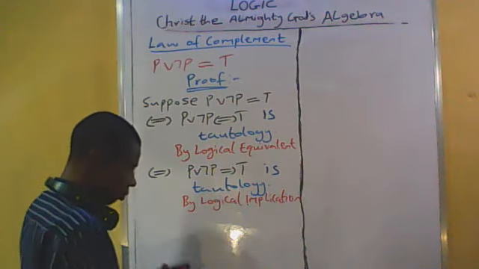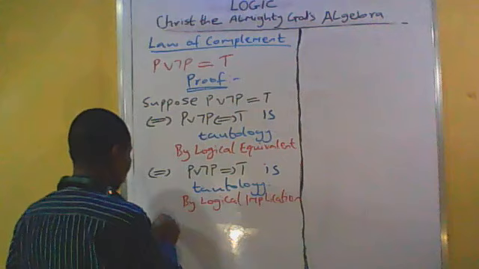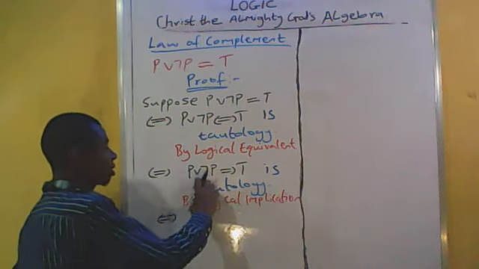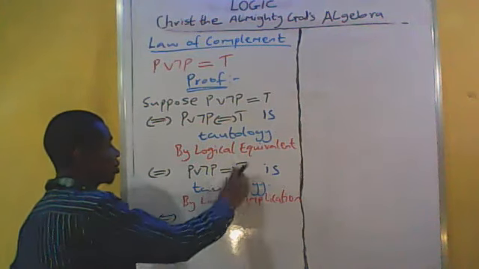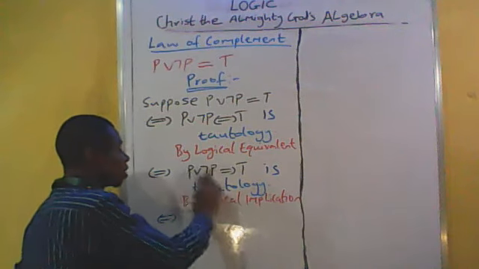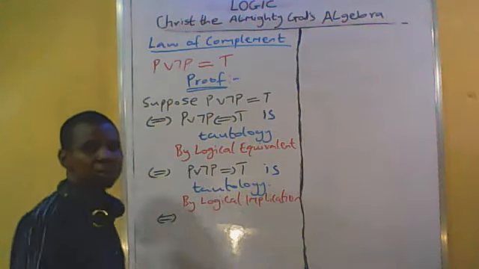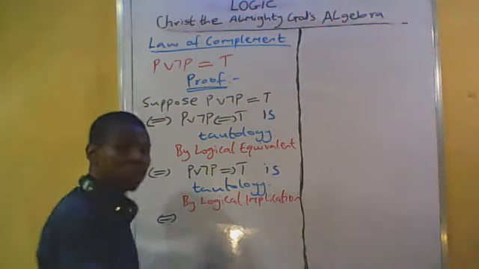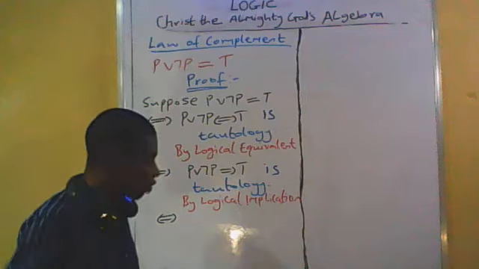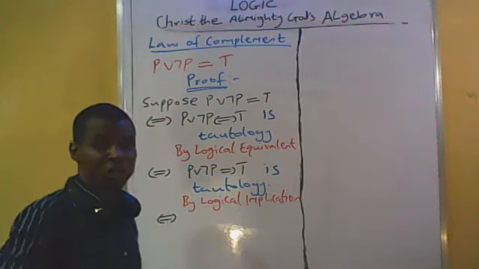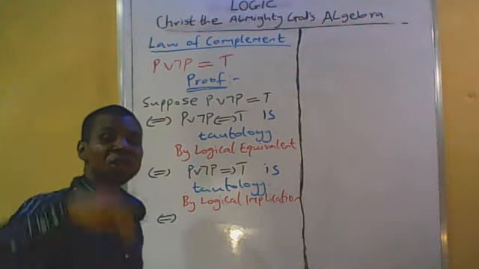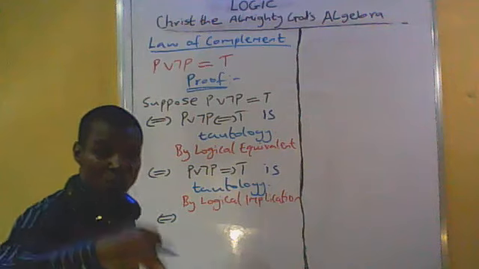Now since this statement P or not P implies T is tautology, we deduce that P or not P is a proper implication of T. And if it is a proper implication of T, we then say that P or not P is a logical implication of the consequent T.